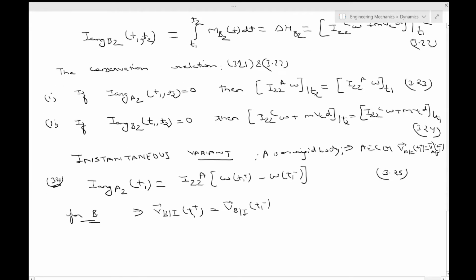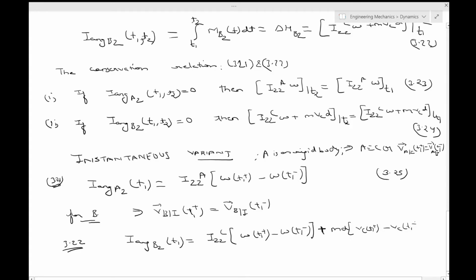So in this case 3.22, angular impulse of B about Z at T1 is equal to IZZ of C omega T1 plus, minus VC T1 plus minus VC T1 minus.